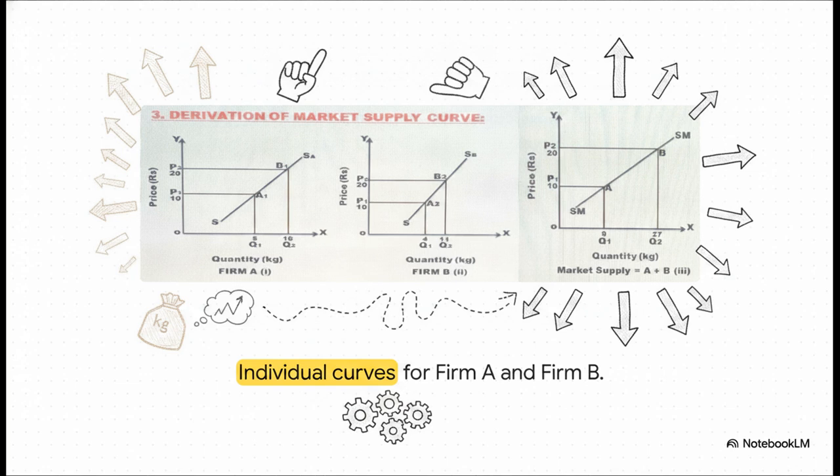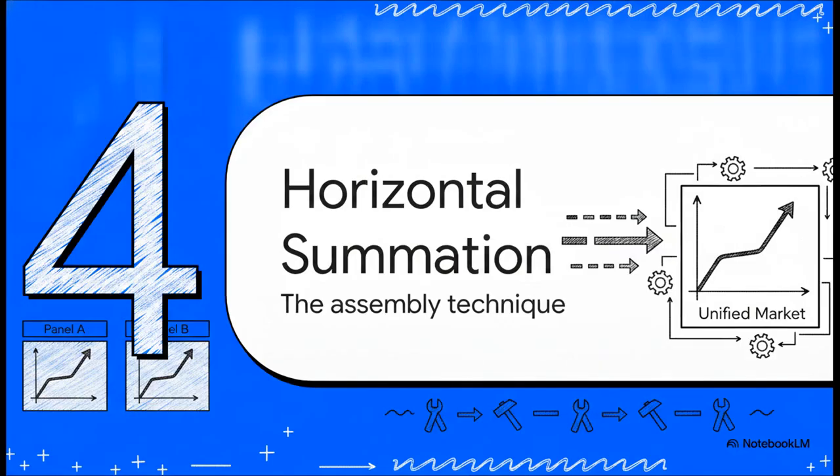Right next to it, in panel 2, is Firm B with their own curve SSB. At that exact same price, OP1, they supply segment P1A2, or 400 kilograms. Both of these curves slope upward, right? That shows the positive relationship between price and quantity, but they each have their own unique coordinates based on their individual production capabilities.